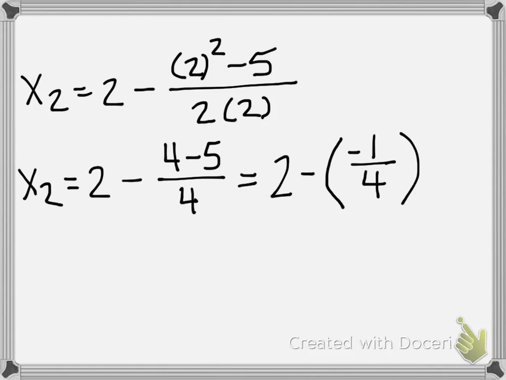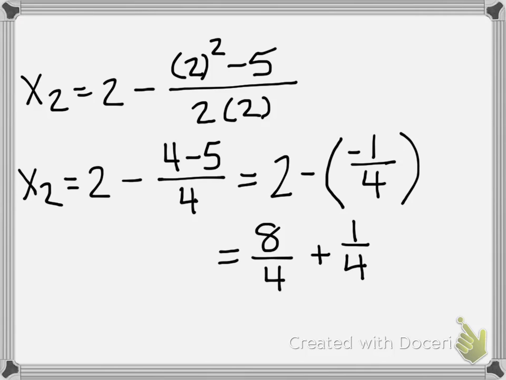So when you compute that, you get 2 minus a negative 1/4. You see the 2 negatives, so that's going to make it a positive. But you should also notice that, oh no, we have a fraction and we have a whole number. Whatever shall we do? We'll need to find a common denominator for that.